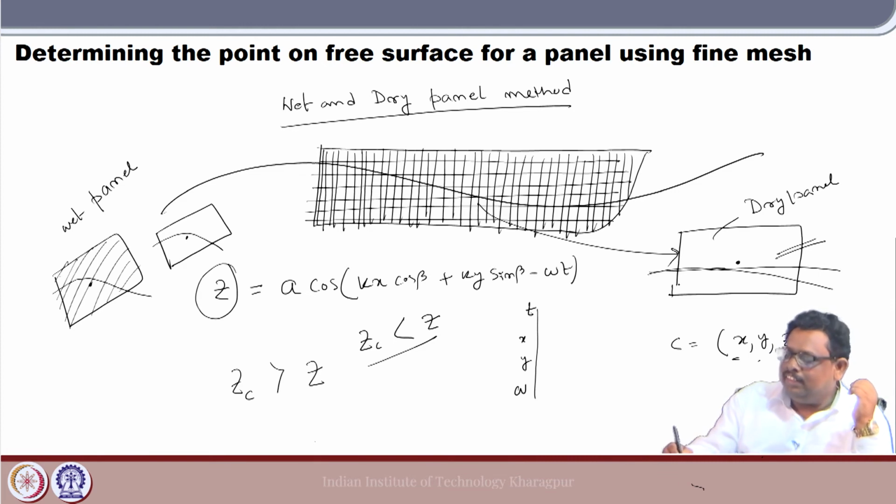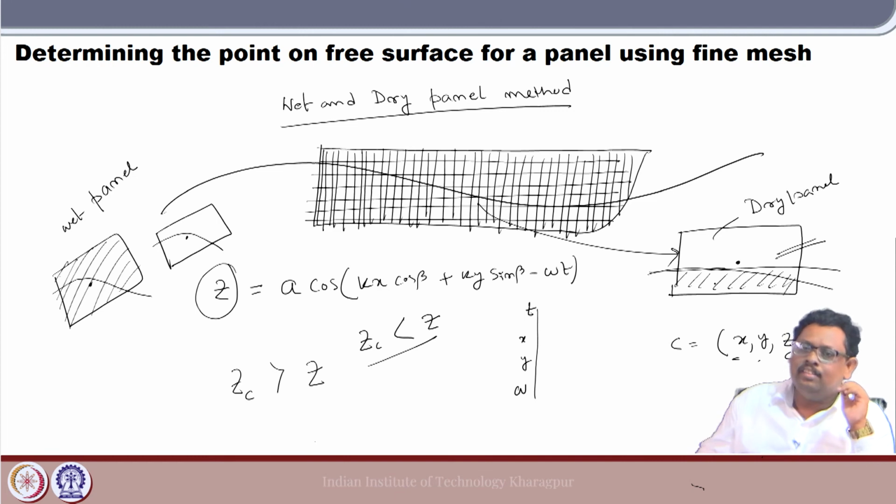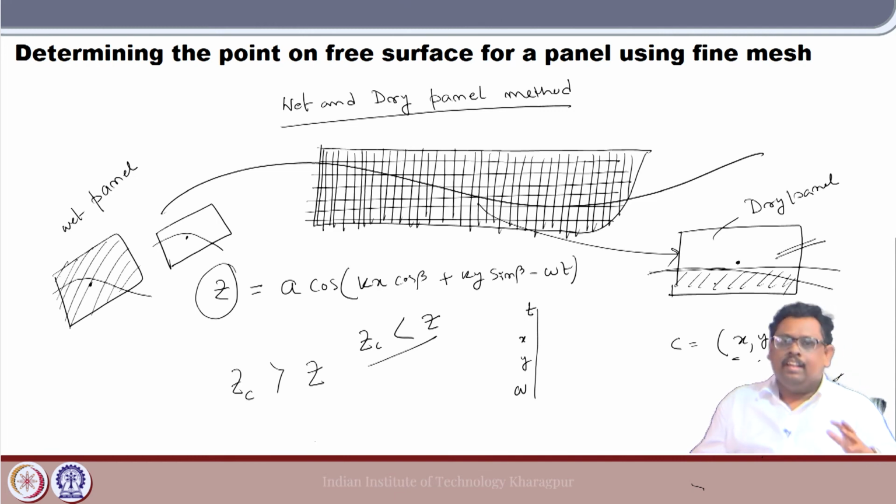So, a significant amount is actually inside the water, but since that z point is above the wave elevation at that particular x y location, I simply discard this panel and I do not take the contribution of this panel. So, in a way this one is not very accurate, but if you do very fine meshing, then more or less it will give very good result.